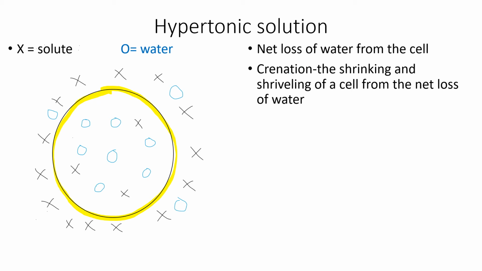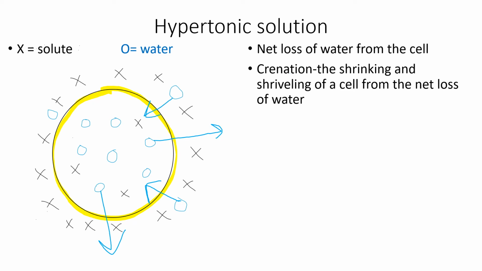of water inside the cell than outside the cell. Water molecules can pass freely inside and outside of the cell. So some water molecules are going to leave the cell, others might come in.